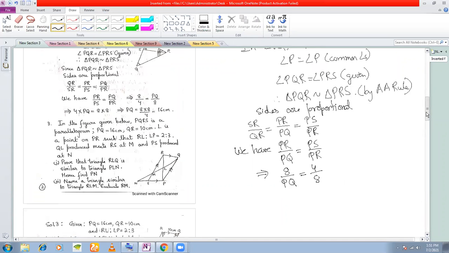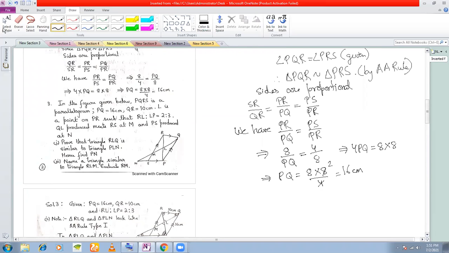So now you cross multiply and find out you have 4 PQ is equal to 8 into 8. That means PQ here is 8 into 8 by 4. Cancel this, you get 16 centimeters, and that's your answer. Fine. Moving on to the next problem, number 3.